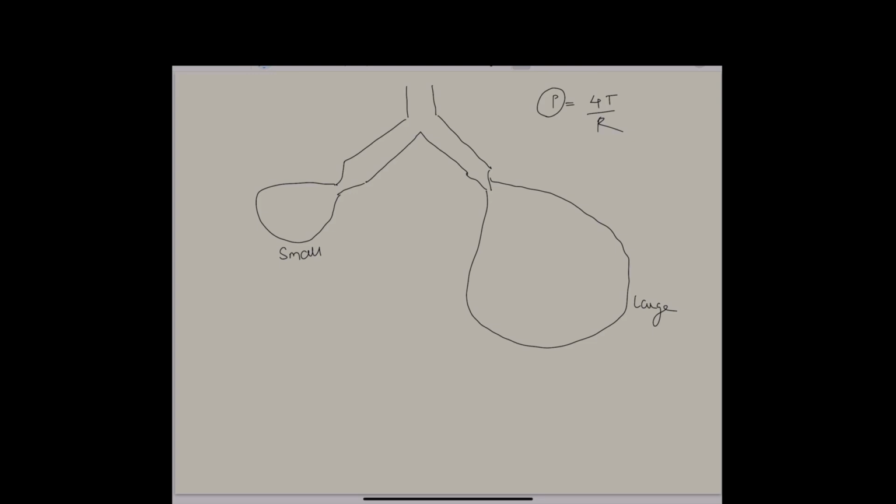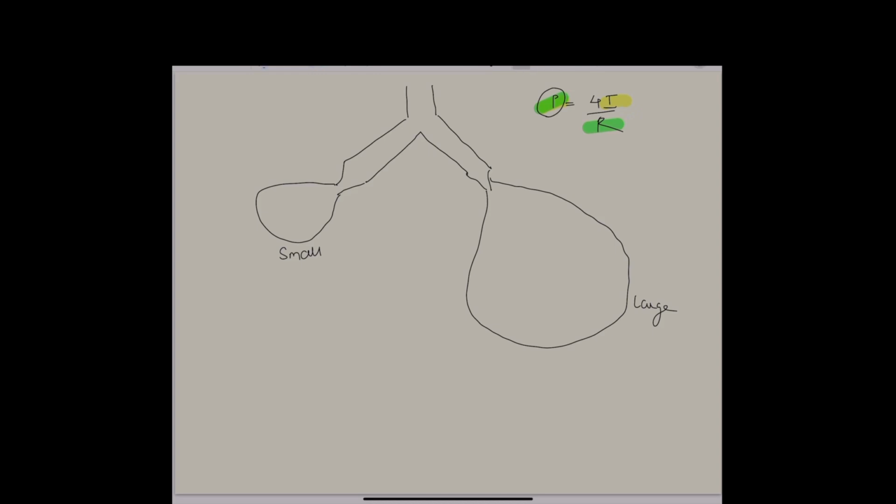So according to this equation, P is directly proportional to the tension, in this case surface tension, and P is inversely proportional to the radius. So as the radius goes on decreasing, the pressure goes on increasing, and as the radius goes on increasing, the pressure goes on decreasing. Now let us go back to this diagram.